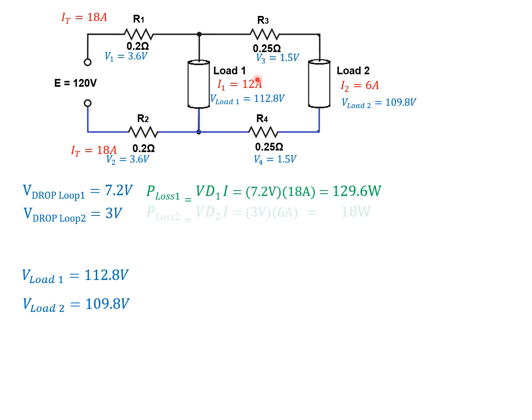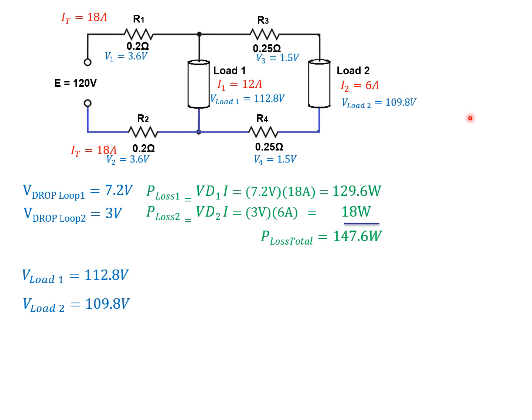In the second branch, I've got a 3 volt loss at 6 amps, which means I'll have only 18 watts worth of power lost in these two wires. That's 9 watts apiece.